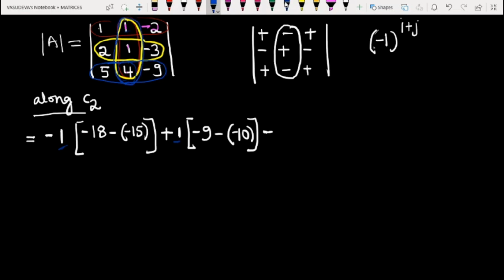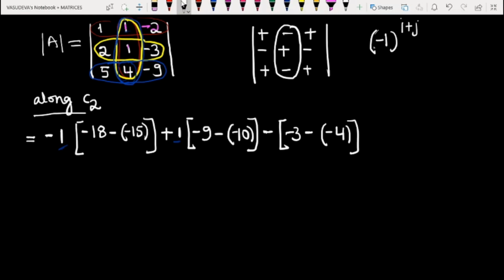Leaving the third row and second column elements, we can write the remaining elements. So 1 into minus 3 plus, now this is minus because we are adding, minus 3 into minus 1 into minus 3 and 2 into minus 2 is minus 4.